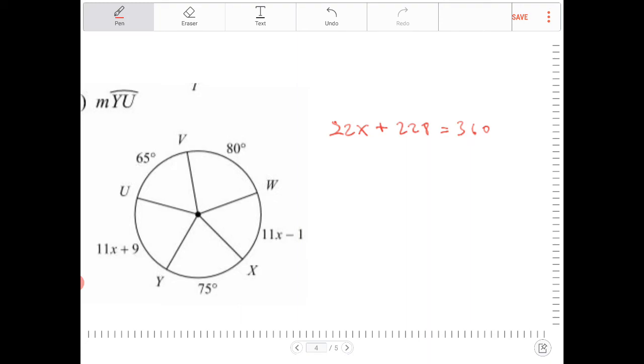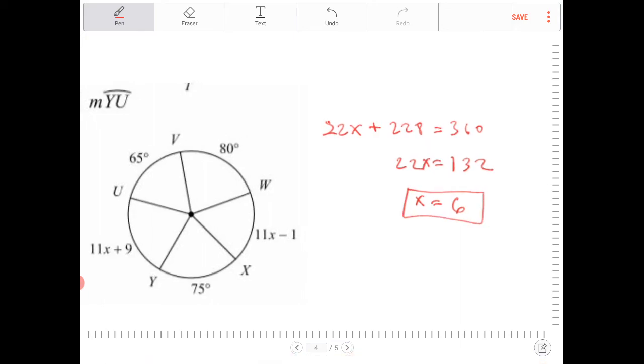Subtract both sides by 228, I end up with 132. Divide both sides by 22, I end up with x is equal to 6. So if x is equal to 6, then yu will be 66 plus 9, so that's 75.